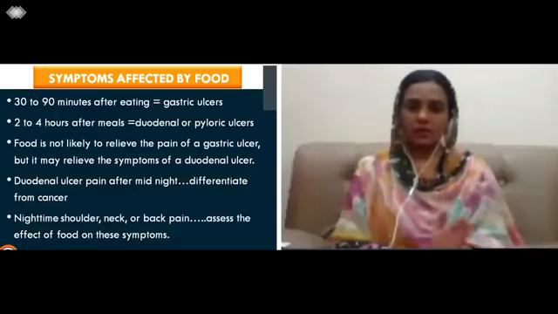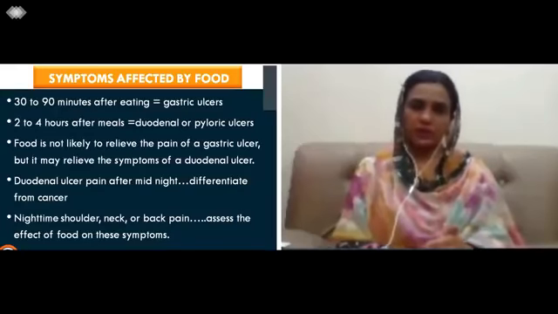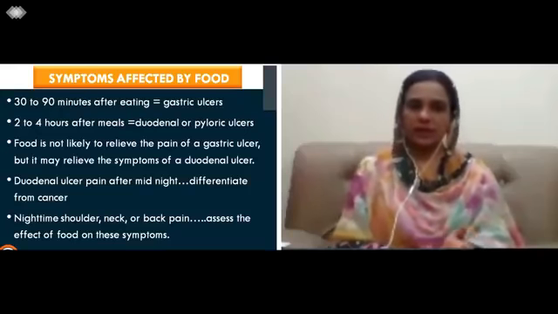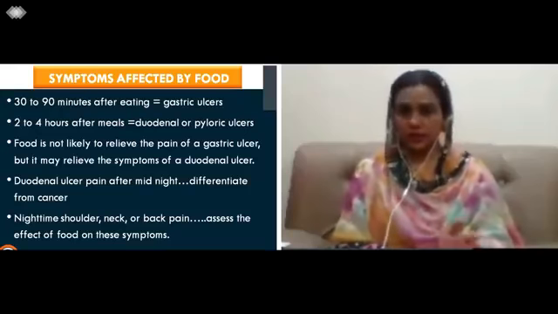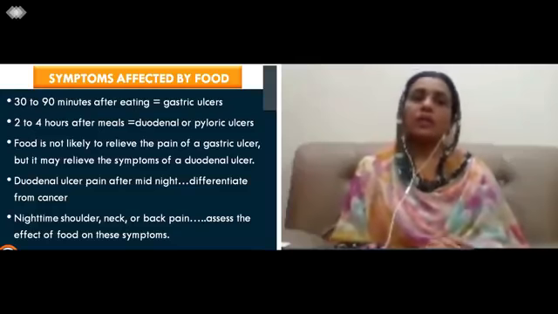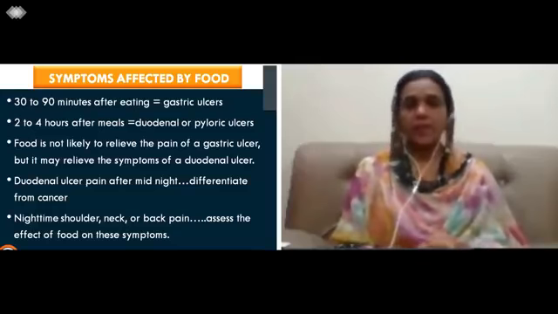And as we have already studied, night pain is also very well associated with cancer. But how can we differentiate it? Cancer pain is usually constant and there is no relief, but obviously duodenal pain will be relieved after some time.